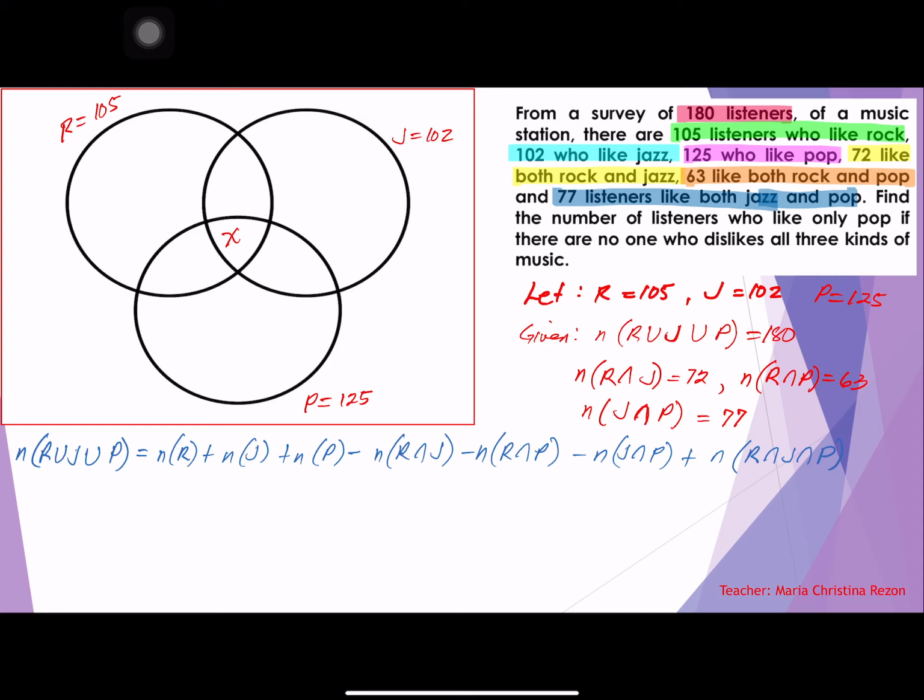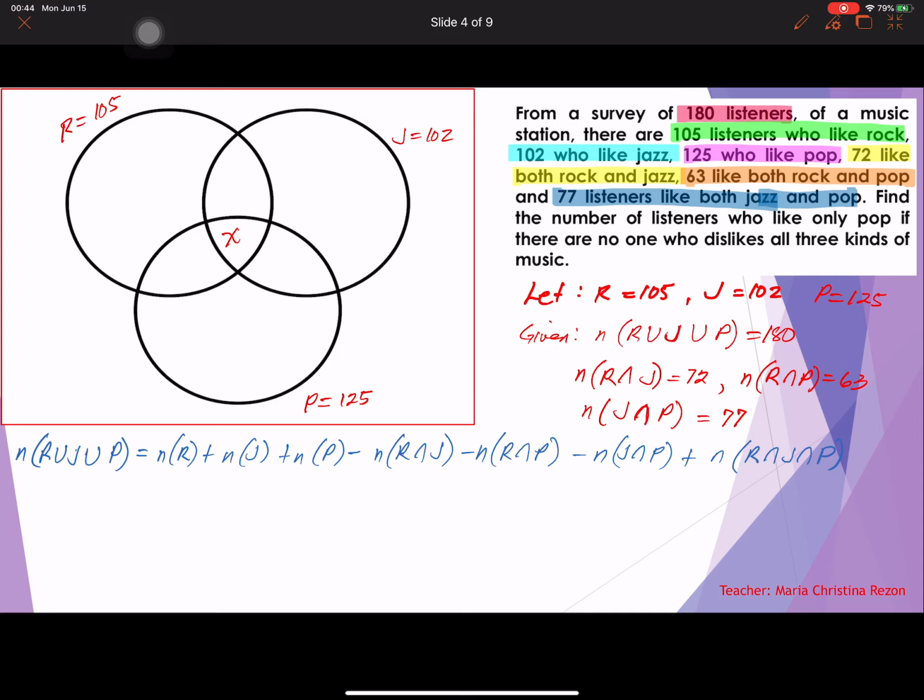Okay, now we have this given there, so let's just have the total number of elements is 180, is equal to 105 plus 102 plus 125, minus 72 minus 63 minus 77 plus this one here we do not know, so that is represented by x.